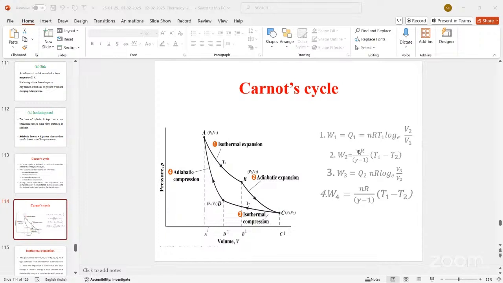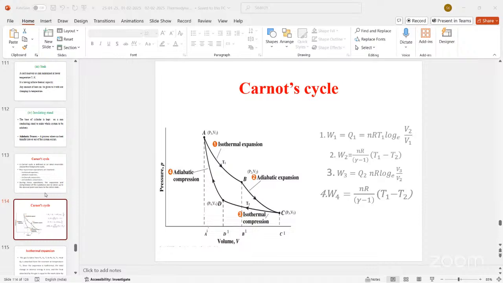So we will get W1 = Q1 = nRT1 log_e (V2/V1). From the first operation, we get this equation. And come to step 2. You see this from B to here. Start from isothermal expansion, and the second one is adiabatic expansion.